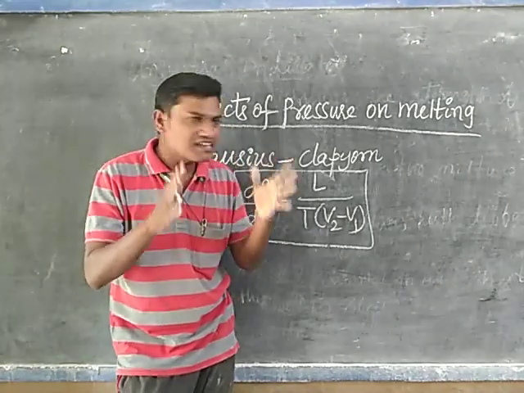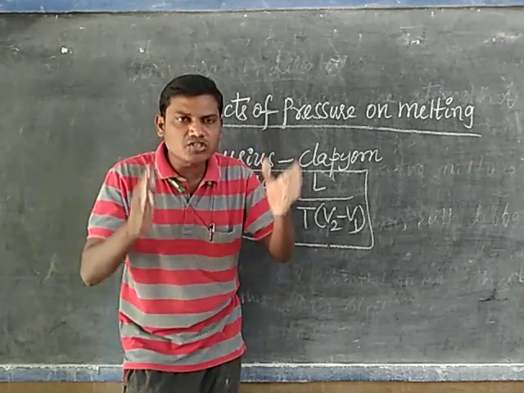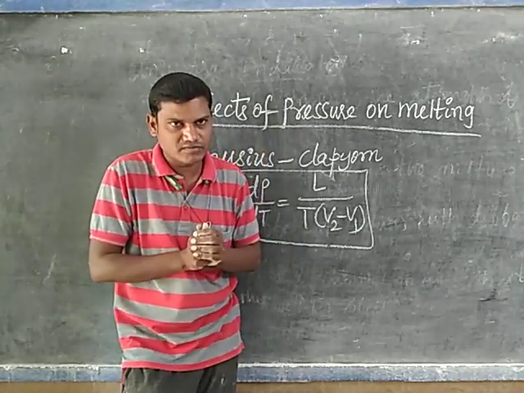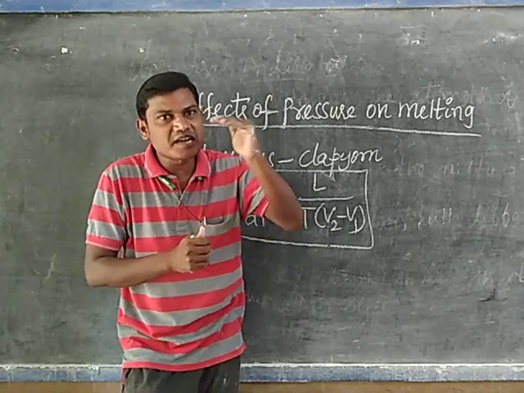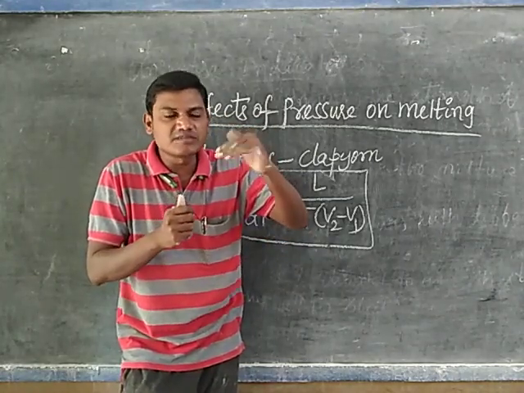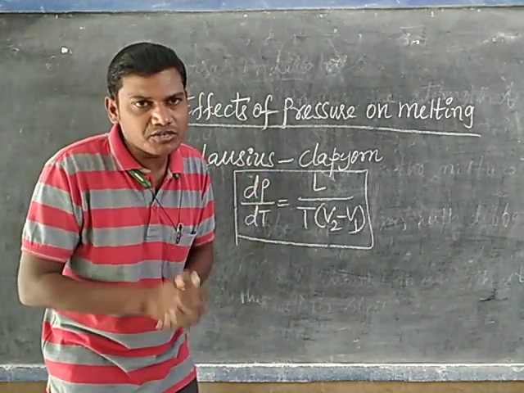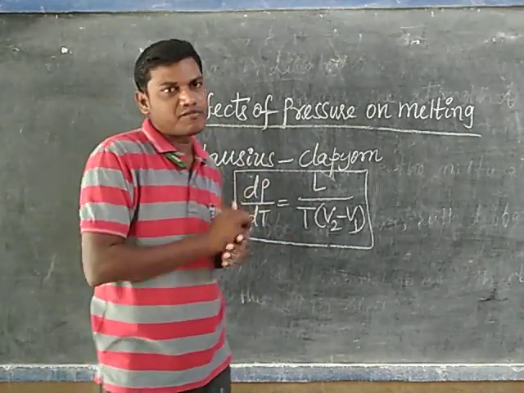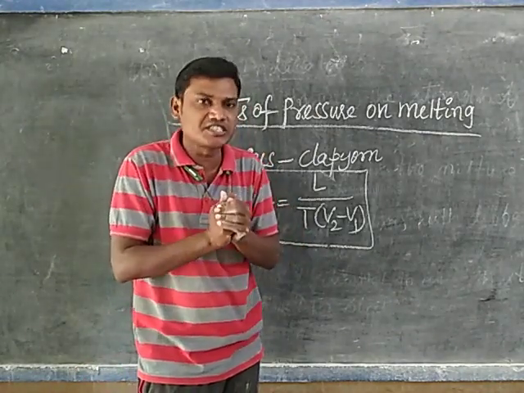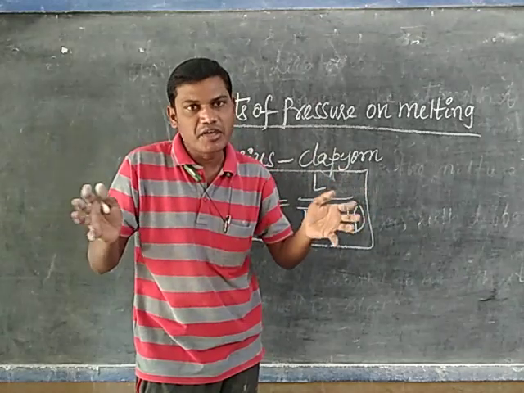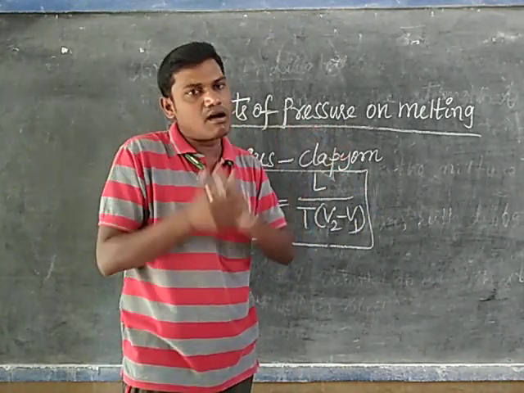What these scientists found is that in nature, most substances start contraction during melting. We know that according to the thermal properties of matter, if any substance absorbs heat energy, it starts expansion. If any body loses heat energy, it starts contraction.